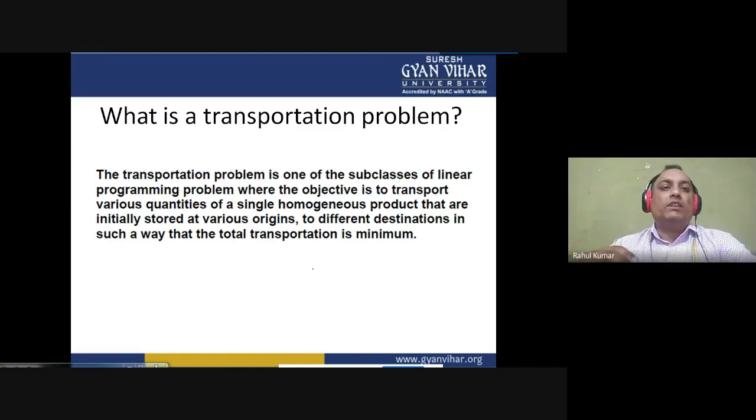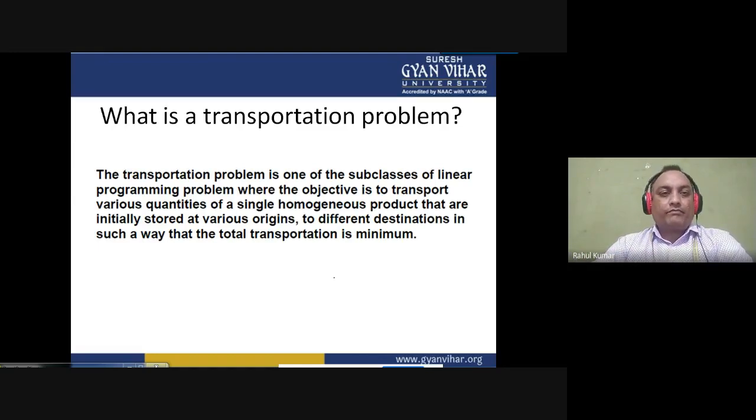This problem is related to the balanced transportation problem. So in the transportation problem, there are two types. One is balanced and another one is unbalanced problems.